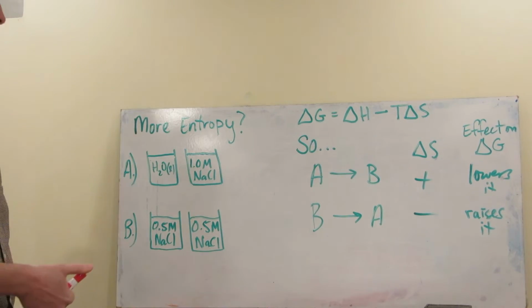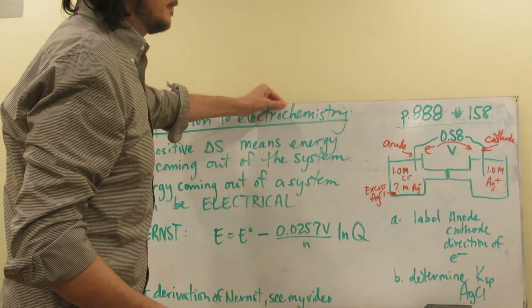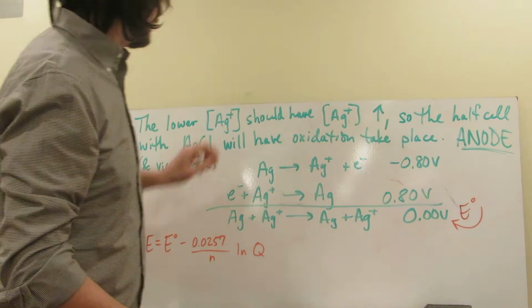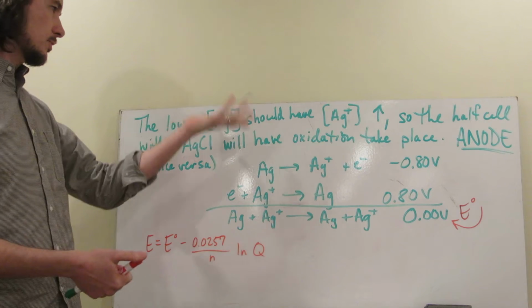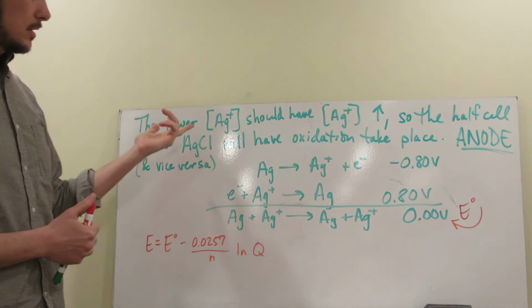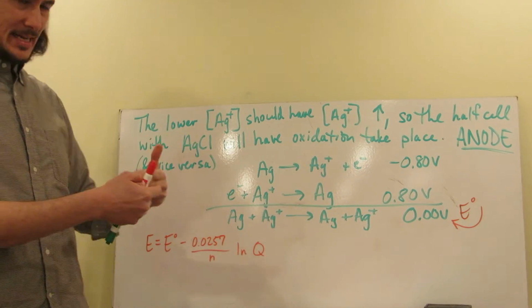I wrote a few things. All right, so I wrote out something ahead of time. The lower concentration of silver should tend to get higher.